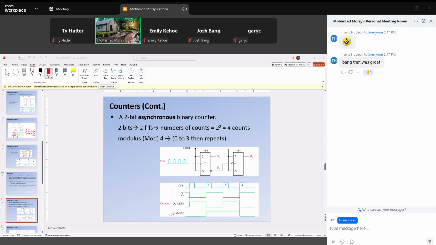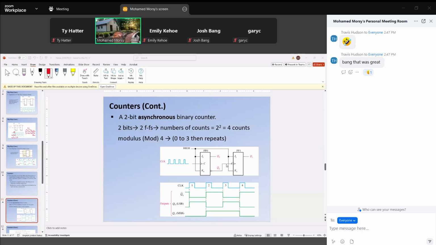This means the counter counts 4 counts: 0, 1, 2, 3, and then repeats again. Because it counts 4 counts, it's called modulus or mode 4. So a mode 4 counter counts 4 counts, and this means it is 2 flip-flops or 2 bits.